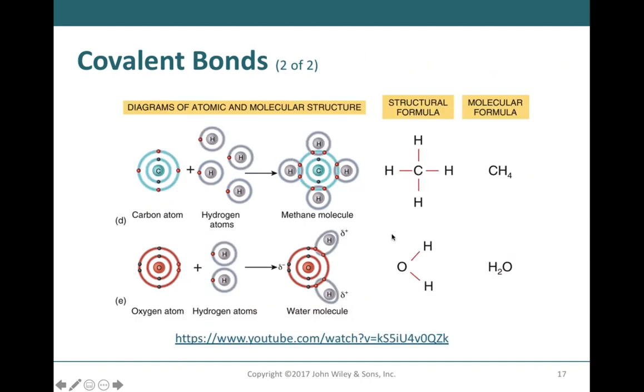This is another example of covalent bonds here, when we can have more than one different atom coming together. So let's look at this example here. This is going to be water. Water is going to be H2O. You've all heard of H2O before. That is the chemical symbol for water. So we're going to have 2 hydrogens and 1 oxygen. Oxygen having 8 electrons in its electron cloud, and hydrogen having 1.